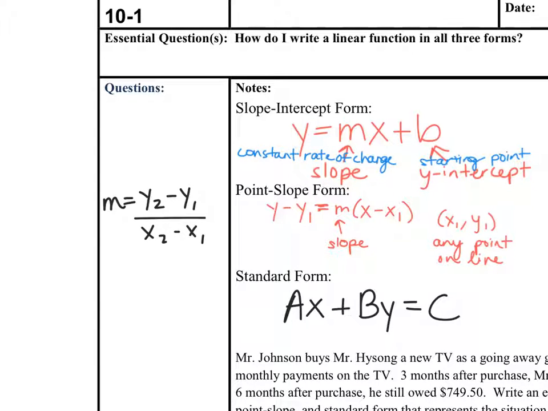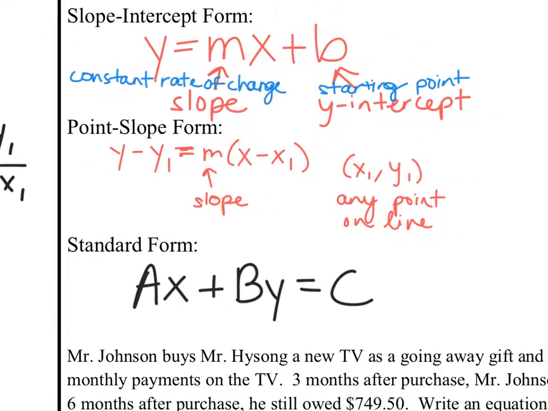Okay, now there's some dispute on this. And I'm going to double check with the EOC. For now, we're going to write down that A, B, and C are all integers. I'll double check on that. Sometimes people are okay with having a negative in front of x.